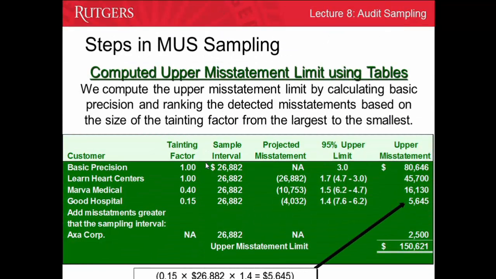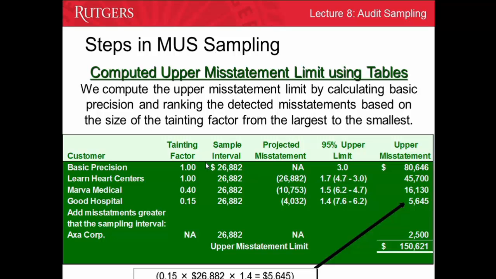Then let's see how to calculate the upper misstatement limit using the attribute sampling tables. To compute the upper misstatement limit, UML, the auditor first computes basic precision and then ranks the detected misstatements based on the size of the tainting factor, from the largest tainting factor to the smallest.